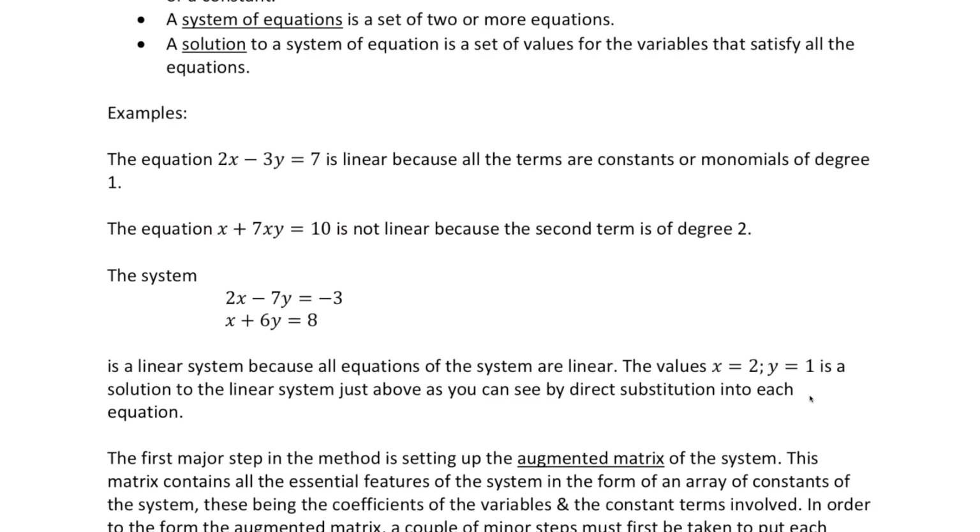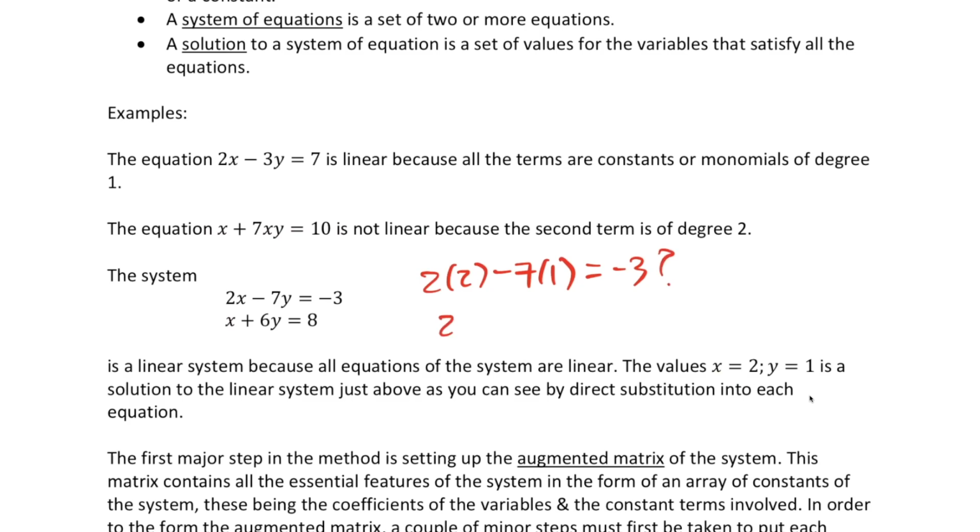Okay? And what would be a solution to this system would be x equals 2, y equals 1, because if I try to substitute those values into the equation, I get 2 times 2 minus 7 times 1 is negative 3, question mark, and that's true, okay?